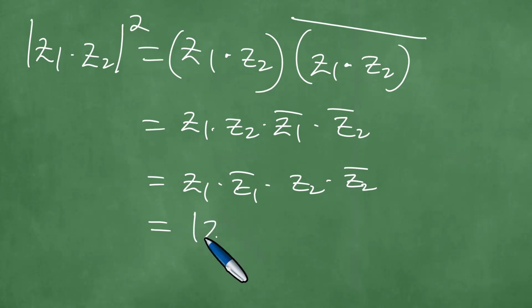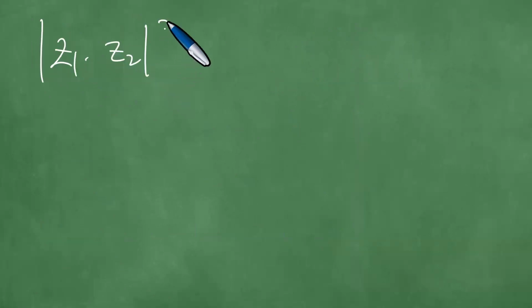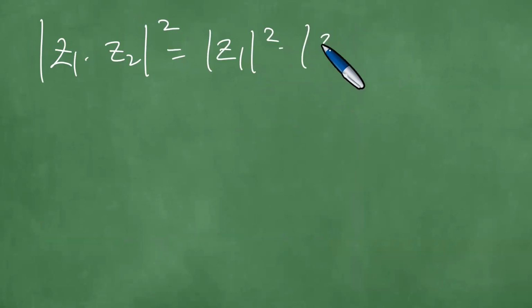We've already seen that this is the modulus squared of Z1, times the modulus squared of Z2. So the modulus of Z1 Z2 squared equals the modulus of Z1 squared times the modulus of Z2 squared.